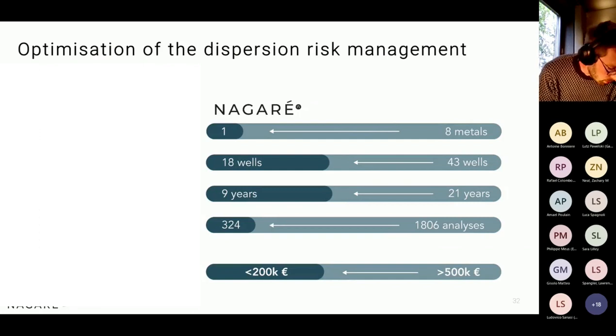So all in all, our technology allows us to decrease the number of monitoring wells for this monitoring plan from 43 to 18 wells, and also the duration of the monitoring from 21 years to 9 years. And this resulted in economic gains for the industrials.